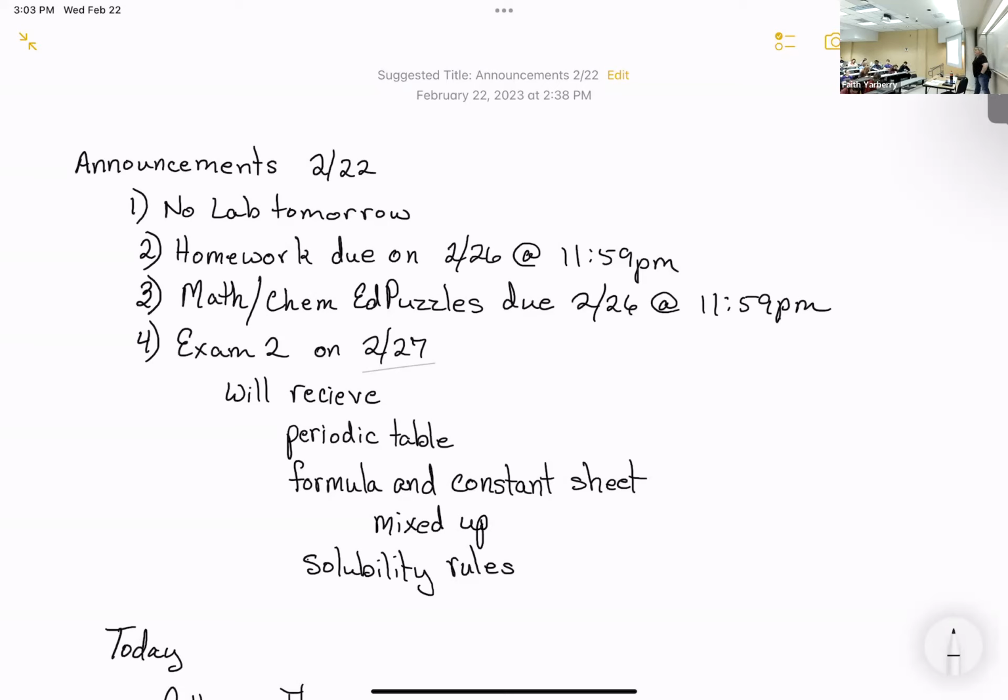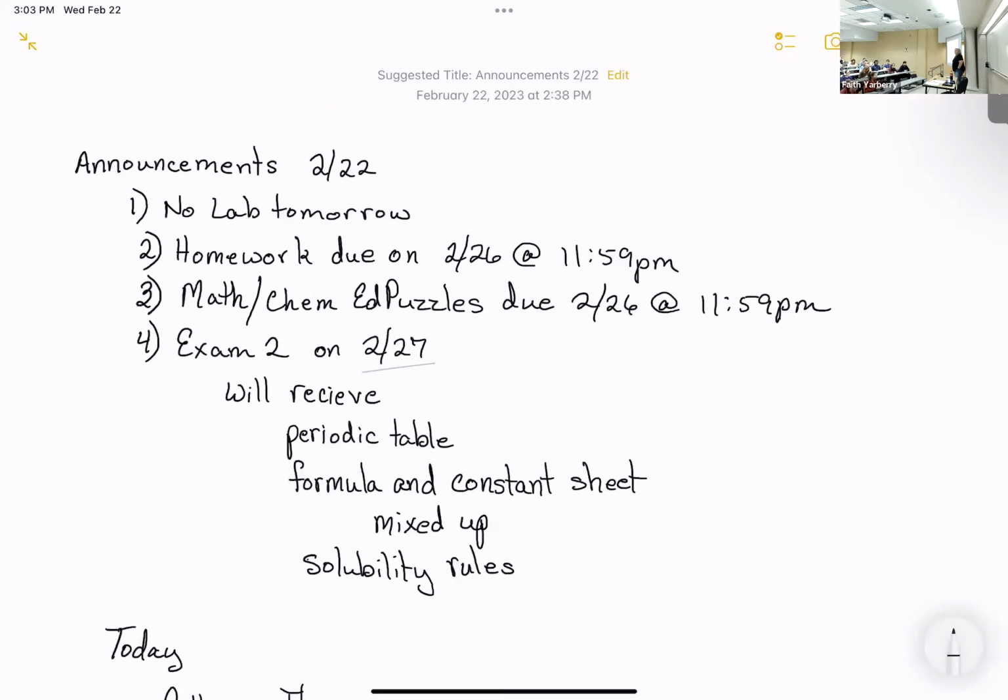Any questions? But all the formulas will be on there somewhere. We've done a lot of formulas this week. The only formula I refuse to put on this test, so don't even ask, is molarity and density. If you don't know those, you don't need to be in Chem 2. You need to go back to Chem 1.